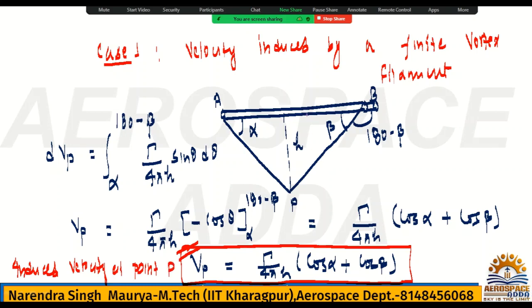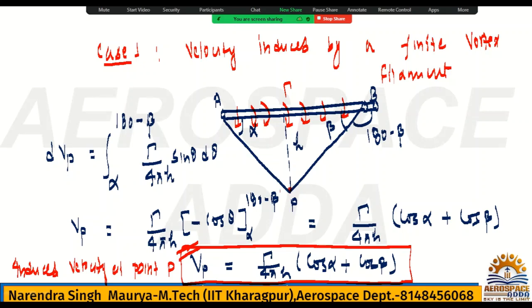Why this induced velocity? Because of this circulation here, yes or no? And this circulation must be constant along the tube or along the vortex filament. It is the Helmholtz theorem. So everywhere circulation will be gamma. Because of this gamma only, at this point you may have an induced velocity.